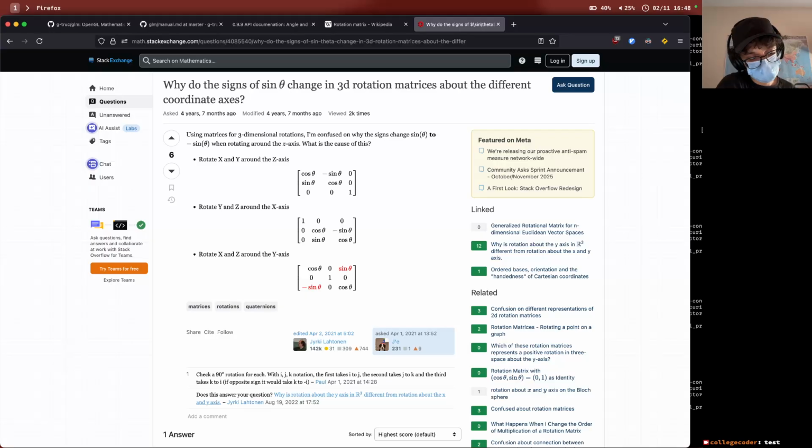What I would expect would be for this to go like this and not to automatically switch and go like this. You know? But it automatically switches and goes like this instead. Let me see how GLM implements the rotation matrices.